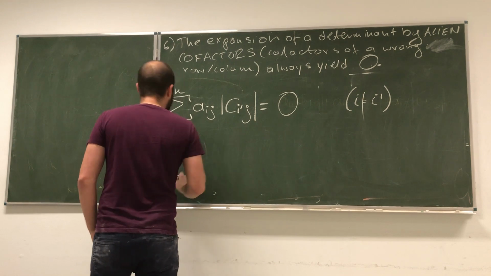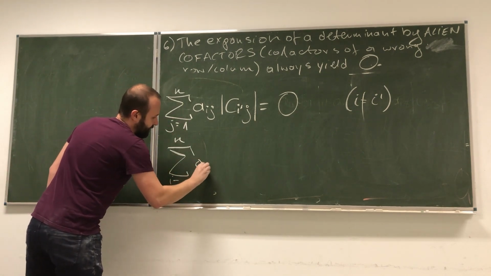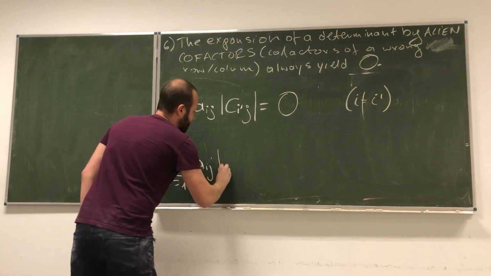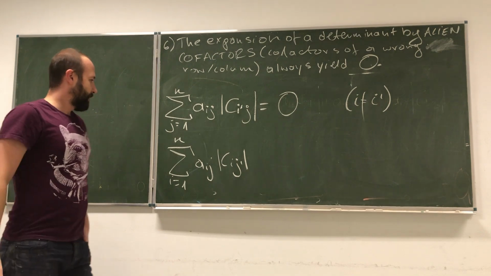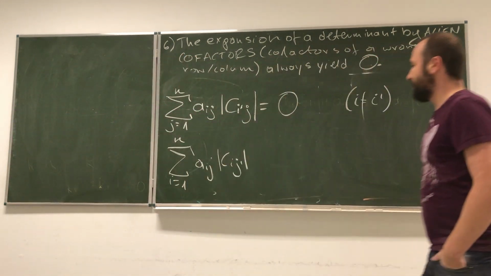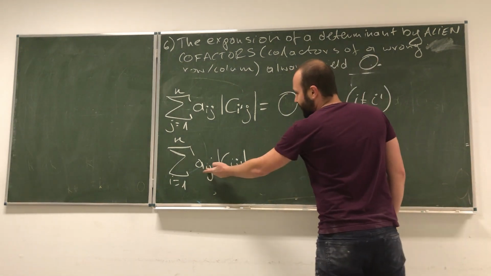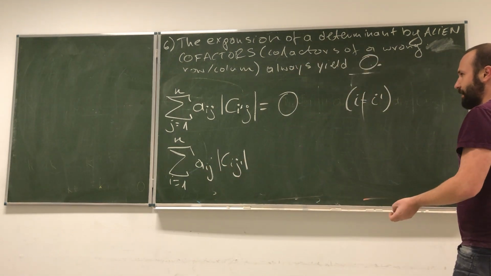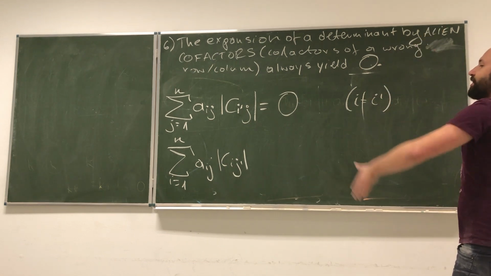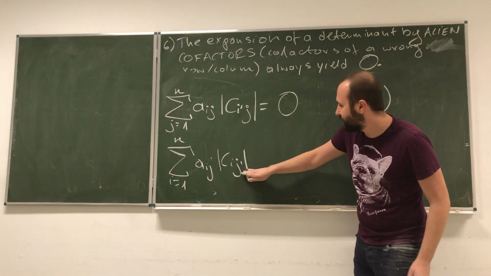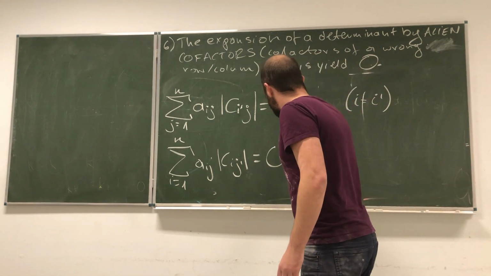Then I can of course do the very same thing for columns: expansion by column j using the cofactors from column j prime.